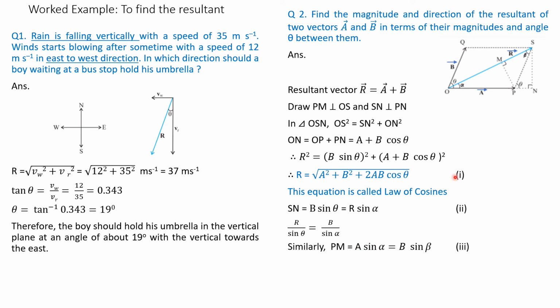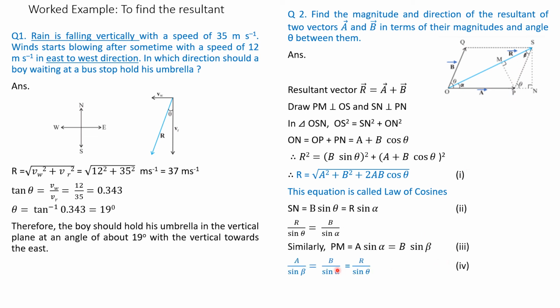Similarly, in the right angle triangle PMS, we get PM is equal to A sin beta, that is equal to B sin alpha. Let it be equation 3.